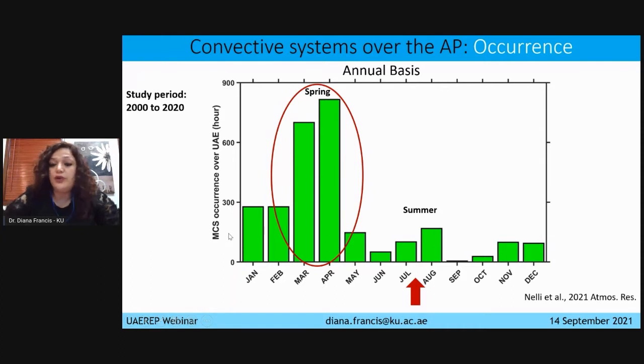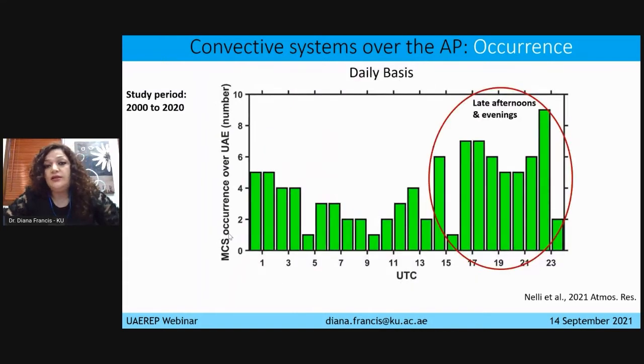So they develop locally over the UAE and surrounding countries. So this is on an annual basis. The message is that we have a peak in spring. We have a lot of convective activity during this season and also during summer. Some also occur during the winter and fall.